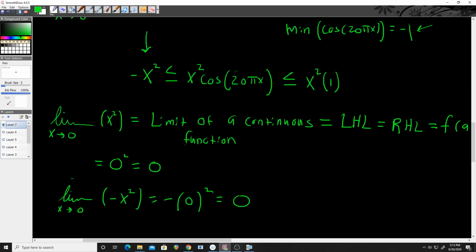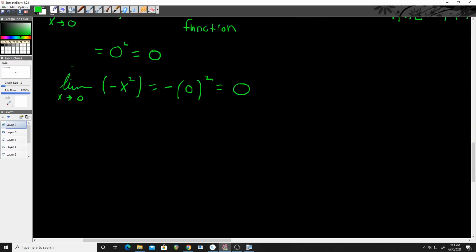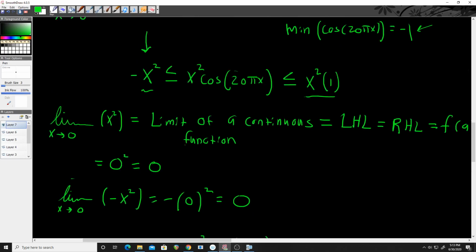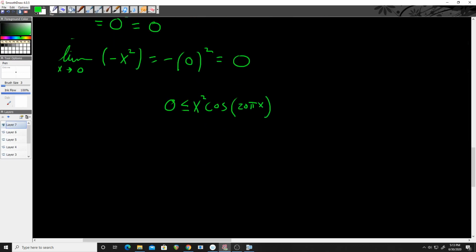So what that means is that our minimum here is 0. Our maximum here is 0. So we have this situation. Oh, I'm sorry. Let me write this correctly.